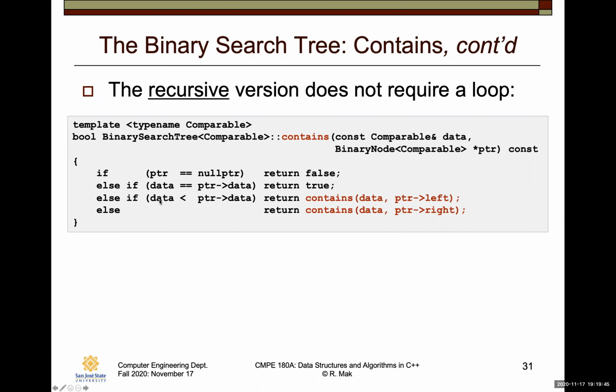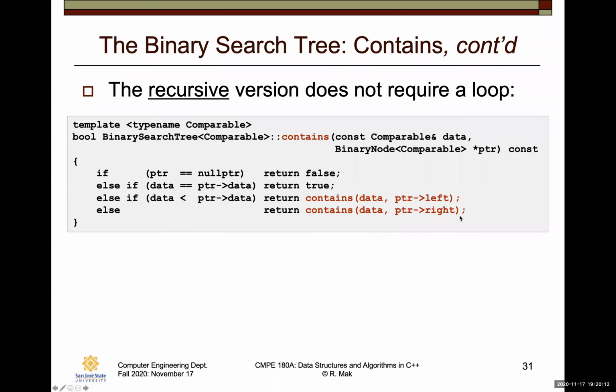Now, if the data value is less than the data of the node that we're looking at, then we recursively call contains on the left child. Otherwise, if the data that we're looking for is greater than the data of the node that we're currently at, then we recursively call contains on the right subtree.